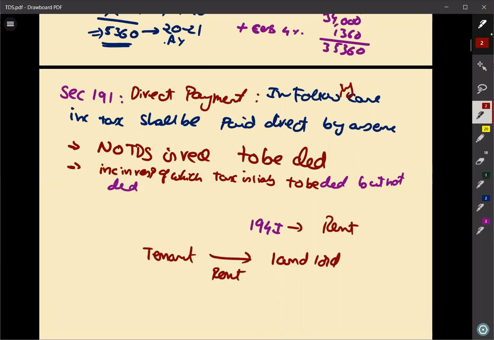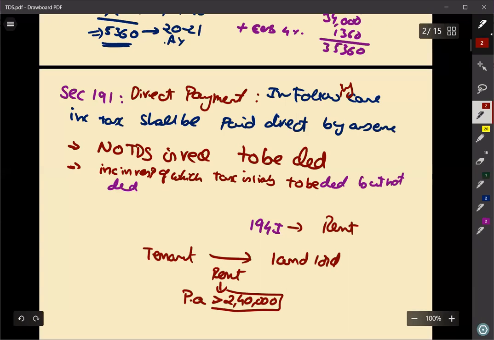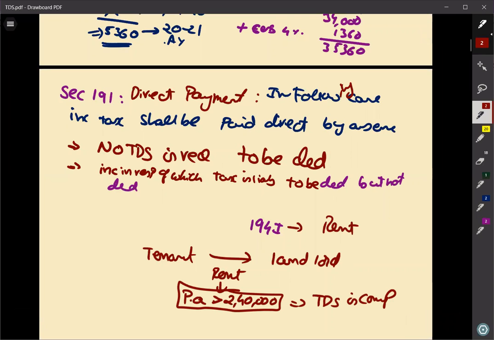If the rent paid per annum exceeds 2,40,000, then TDS is compulsory. If the rent paid by you does not exceed 2,40,000, TDS is not compulsory.